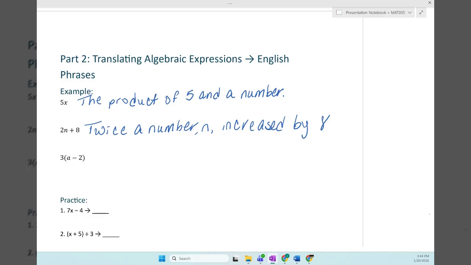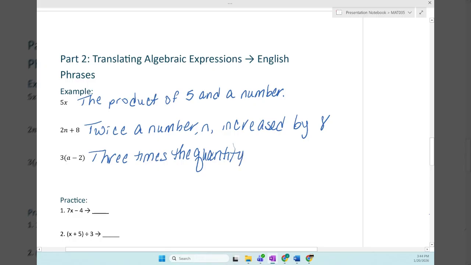All right, and how about the next one? 3 open parentheses, a minus 2 close parentheses. What would be our English phrase for that? Well, if it were me, I would say that this is 3 times the quantity of a number minus 2.